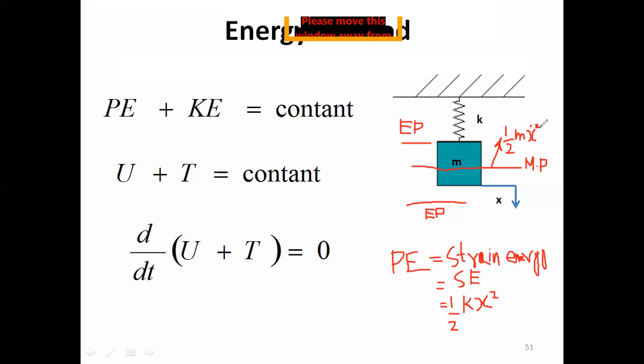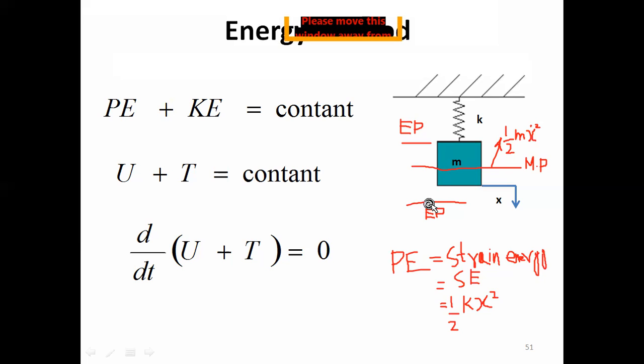So the kinetic energy is maximum at the mean position, whereas it is zero at the extreme position. The potential energy, here in the form of strain energy, is maximum at the extreme position. At this extreme position, the strain energy is maximum, and also at the other extreme position, the strain energy is maximum.